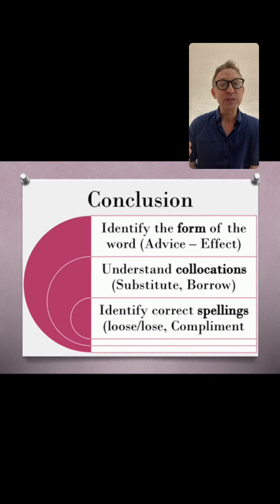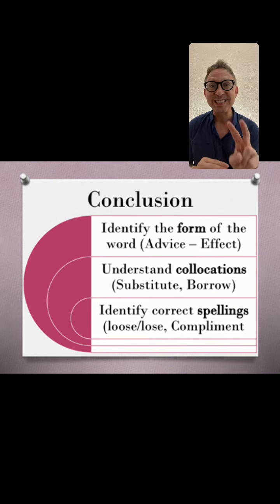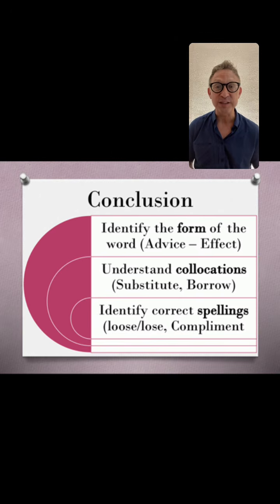I substitute someone with, I replace someone, I substitute for, I replace with, I borrow something from someone, I lend someone something. So how we collocate is a second way to make distinctions between two closely looking words.